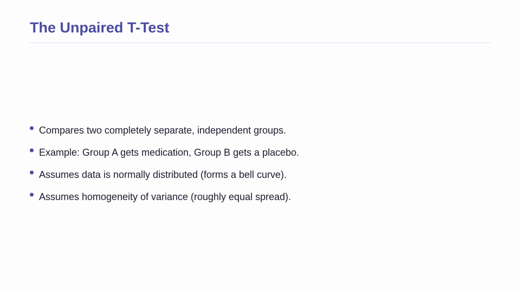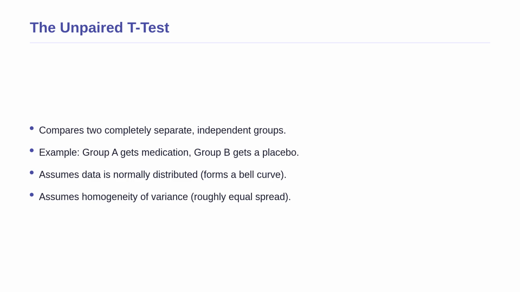Building on that foundation, let us explore our first specific tool, the unpaired t-test. Suppose you want to test a new blood pressure medication. You give Group A the real drug and Group B a fake sugar pill. Because the people in Group A are completely different from those in Group B, their results are independent.